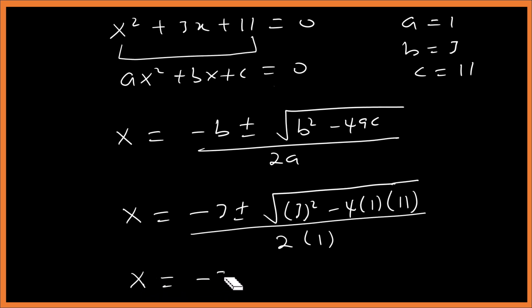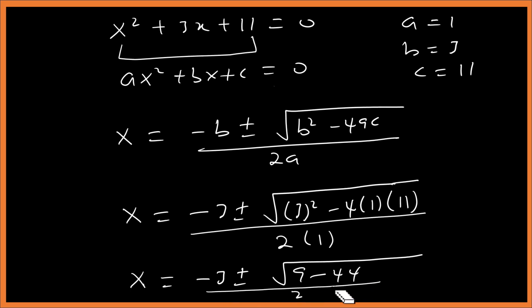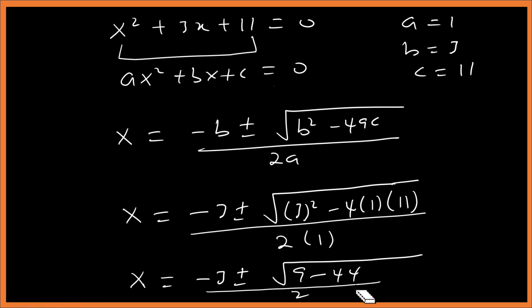So minus 3 plus or minus the square root of 9 minus 44, on 2. So minus 3 plus or minus, so we have 44.